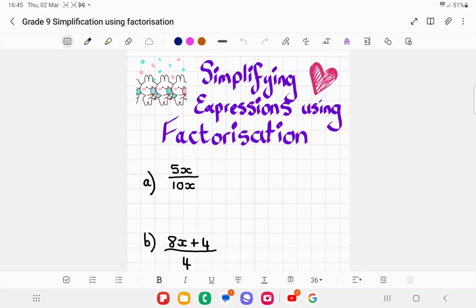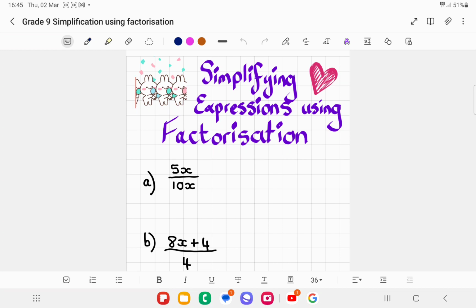Hello, grade 9s, and we are busy at my school with simplifying expressions using factorization. Something I know you all love, and by now, when you haven't listened in class, this is what I'm noting in my class. All of a sudden, the kids are scurrying around, trying to figure out how to factorize, because they can see this is not just a small section, it's here to stay.